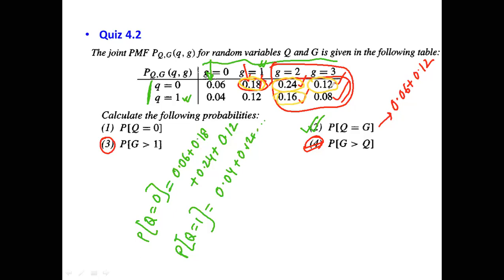This is also g more than q. This is also g more than q. What about this case? This is also g more than q. So we will have 5 elements in this particular g more than q. Is it okay? Yes, sir. Others are understanding or not? I want feedback. Okay. All right.